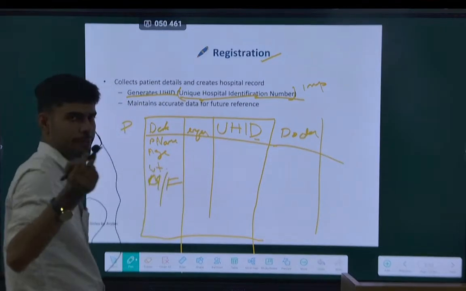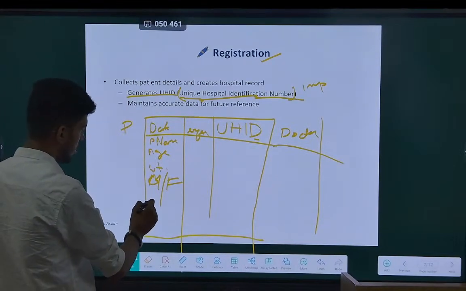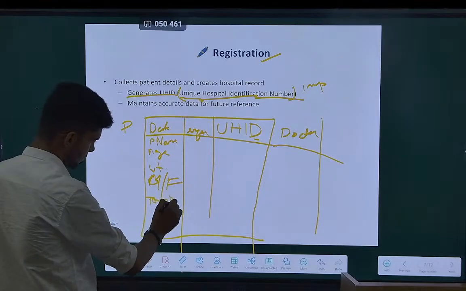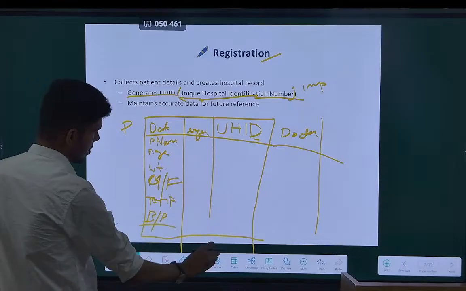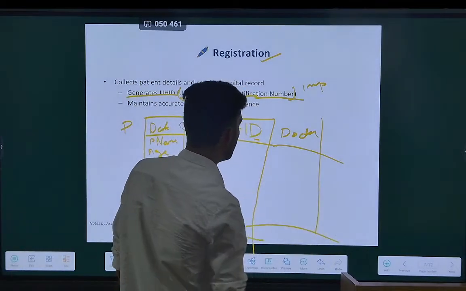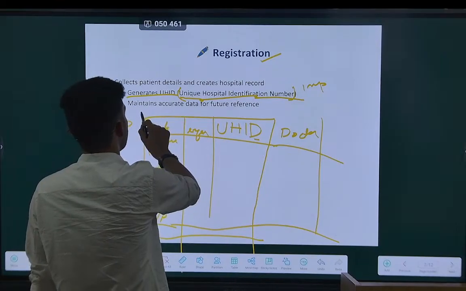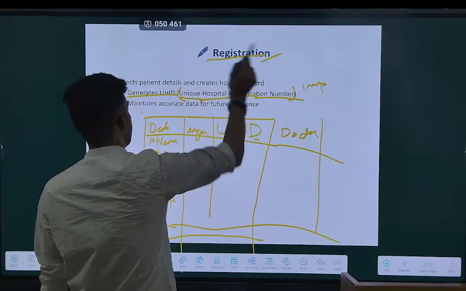Some others recorded at registration are sometimes also their temperature and weight, also BP and pulse. All things are recorded first hand. So when a patient comes, this is the first thing which is going to happen after the reception: registration.